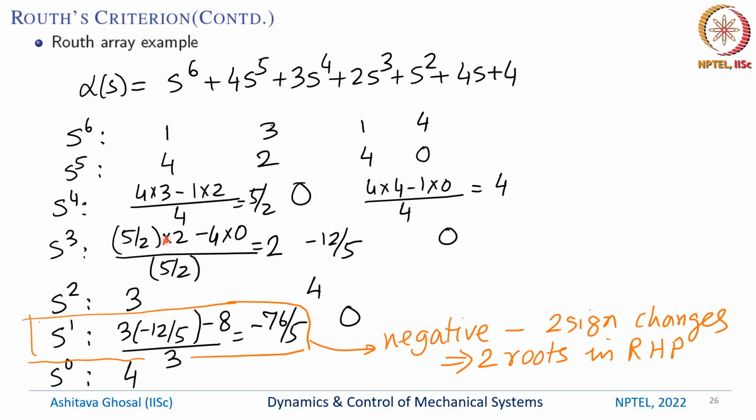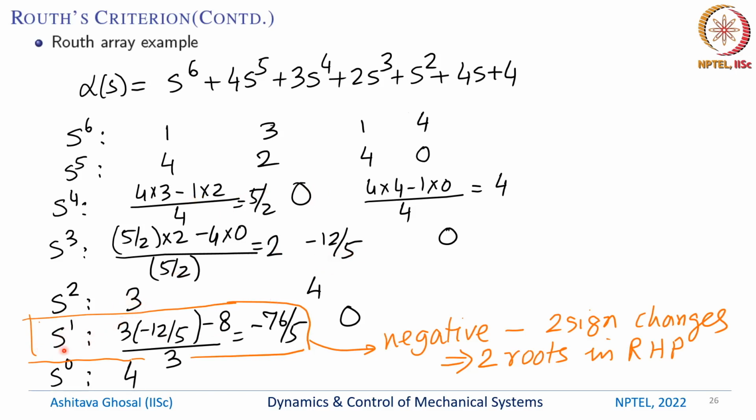Then 5 by 2 into 4 minus 4 into 4 again divided by 5 by 2, and we will get some other term. The fourth row is 2 into 0 and this into this, and you will get 3.